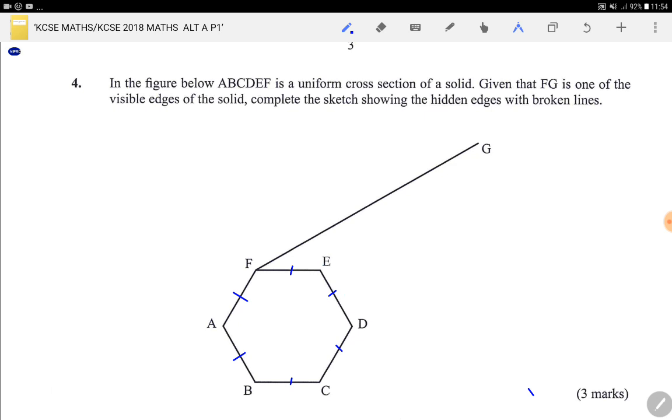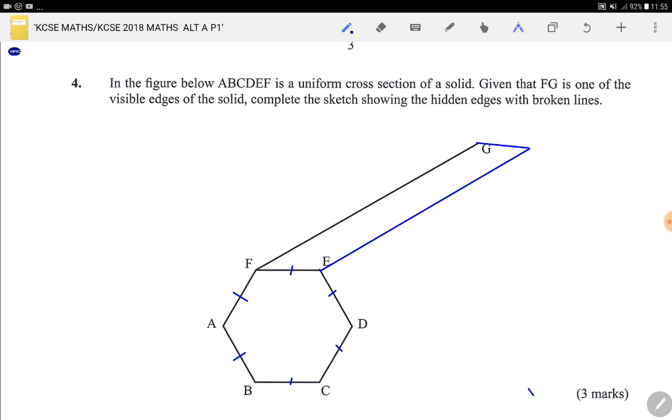So when you start sketching, this side from E must be parallel to line FG. So we start by drawing the line parallel to line FG, like that. Then we also draw a line parallel to line FE, which will be like this.